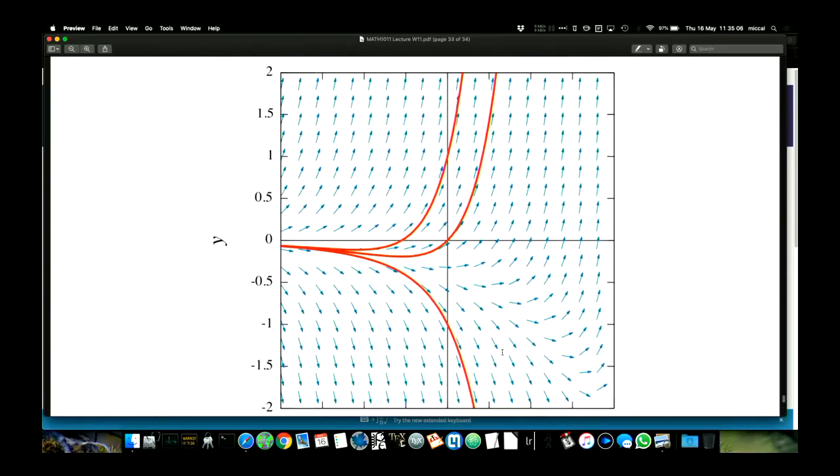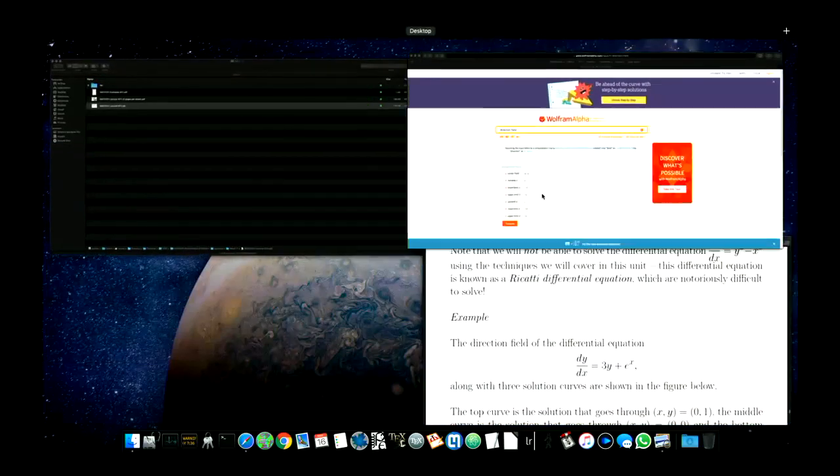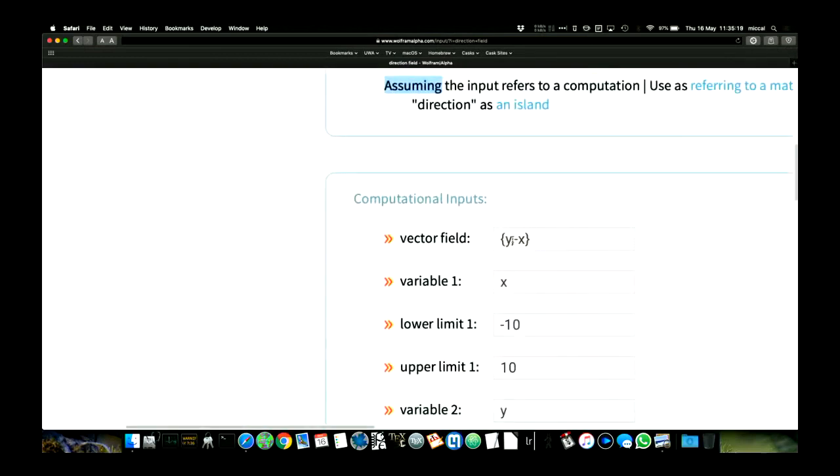So what have we got here? This one was dy/dx equals 3y plus e to the x. So I make this 1 over the square root of 1 plus (3y plus the exponential of x) all squared, square rooted.